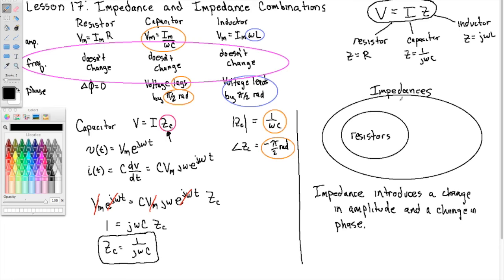That is to say, in general, impedances have magnitudes and phases, but the resistor is a special type of impedance.